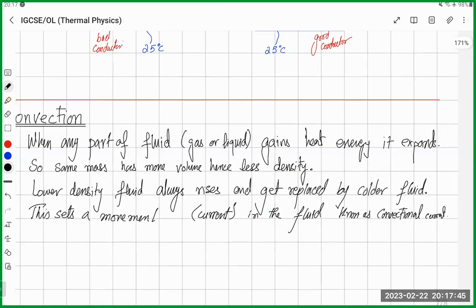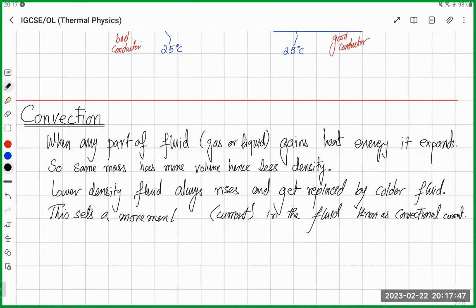let's go back. When any part of fluid, fluid means gas or liquid, gains heat energy, it expands. So same mass has more volume. That means now this portion should have lesser density. Less dense fluid should rise up and get replaced by the colder fluid. This sets a movement in the fluid.